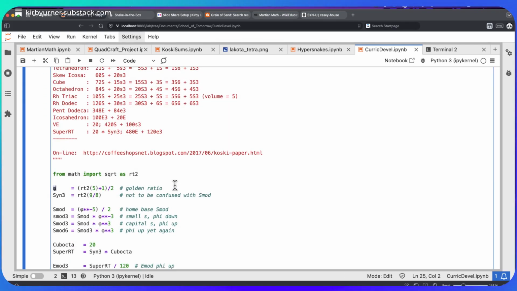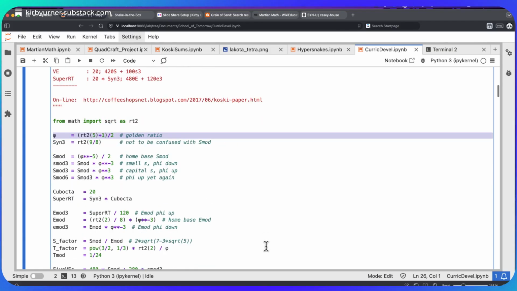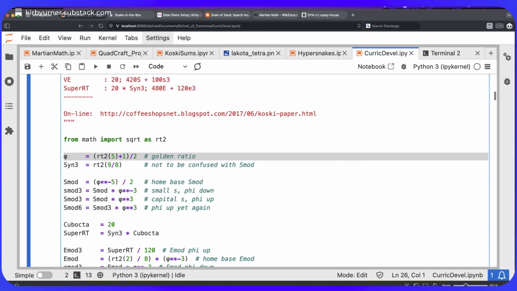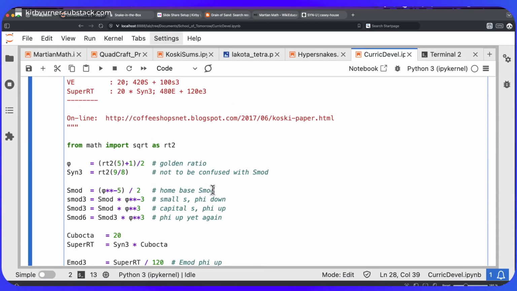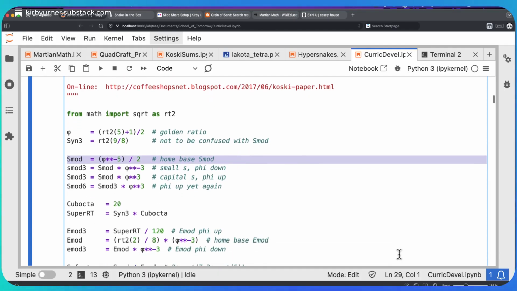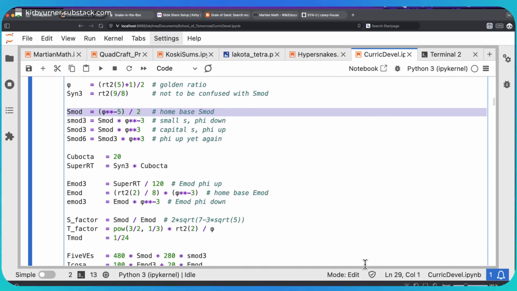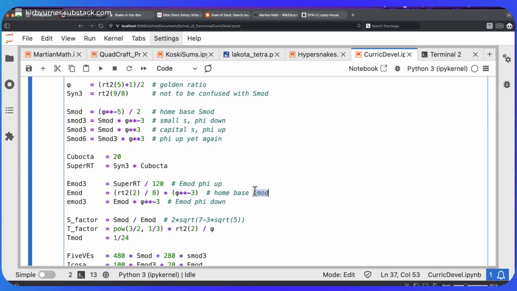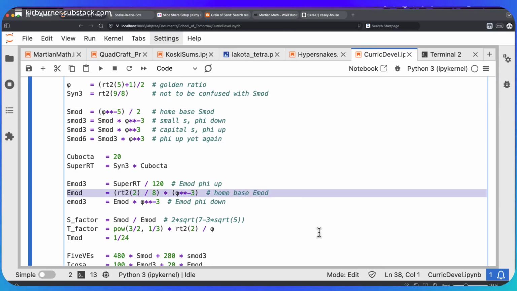And where we put phi back is not just in expressing distances, but more in expressing the volumes. I'll take, for example, the S module. It's phi to the negative fifth over 2. Now you can express that in different ways. And the E module we express in terms of root 2 over 8, but then there's a phi times phi to the negative 3.